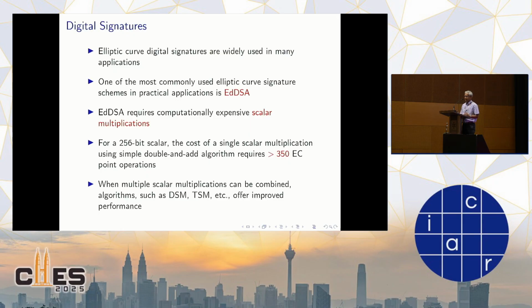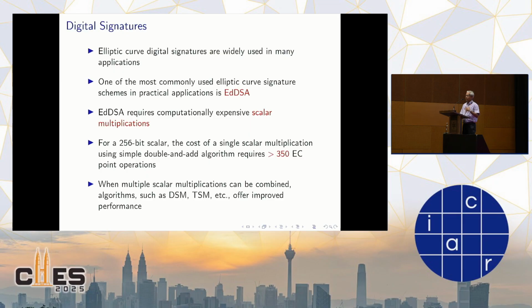On the other hand, there are opportunities for optimization. If we can combine two scalar multiplications, then we can use better algorithms, for example DSM, double scalar multiplication. If we can combine three scalar multiplications, then we can use triple scalar multiplication.